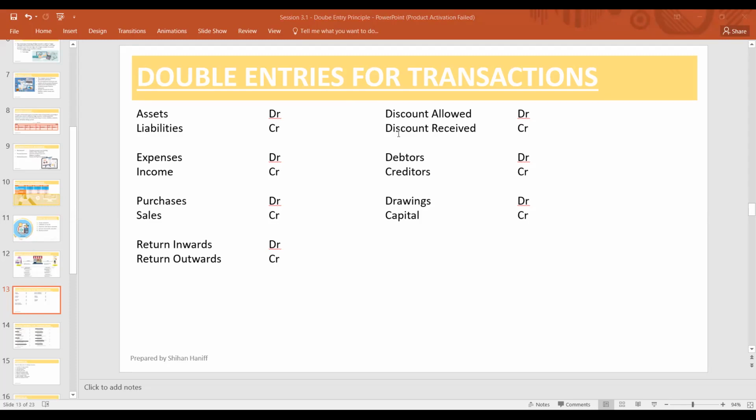Capital double entry is capital account credit, and if it is cash, cash account debit. I have given this for increase. If asset increases, debit. Liability increases, credit. Expense increases, debit. Income increases, credit. Purchases debit, sales credit. All these are for increase. It's very easy to remember when you are writing the double entry if you know this.